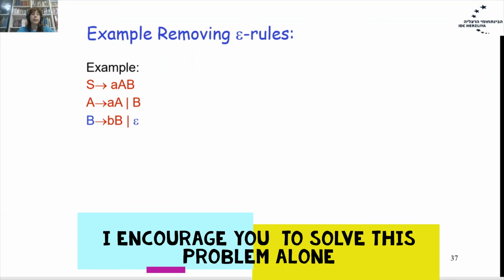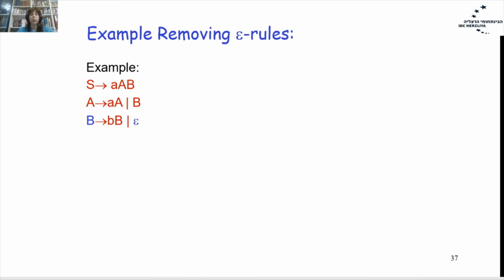So let's see some examples. Example of removing epsilon rules. We are given a grammar and we have an epsilon rule, B derives epsilon. We will start by asking ourselves a question: does an empty word belong to the language L of this grammar?